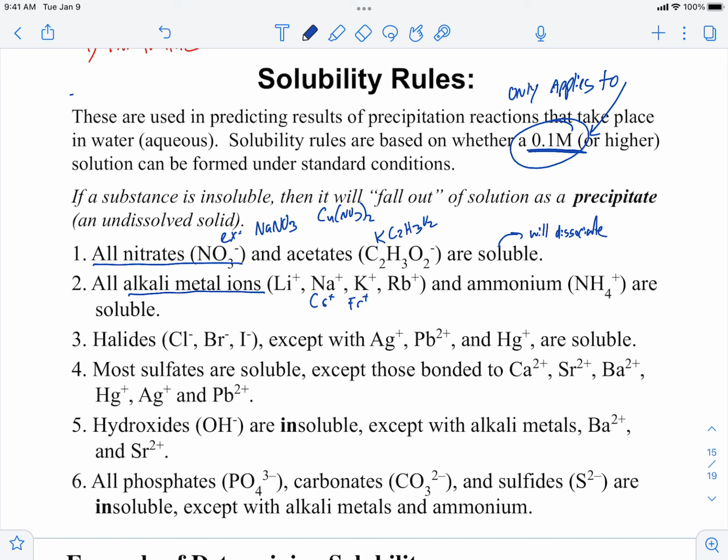So I pick any one of these, Na, and then pick any polyatomic ion from anywhere. Na2SO4, for example, that's called sodium sulfate. That's a completely soluble compound. Those ions will separate, and you will not see any solids forming.